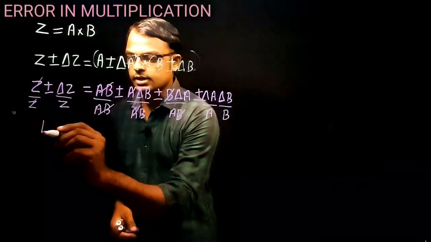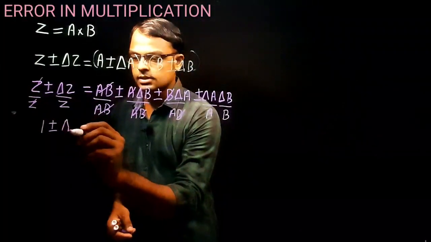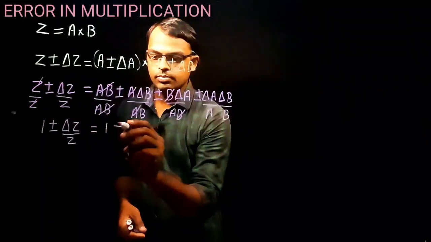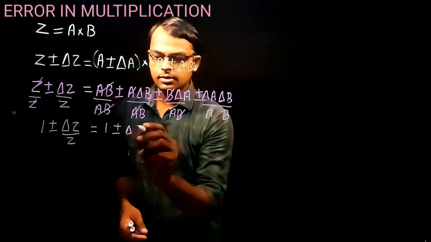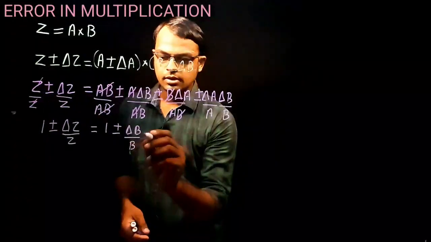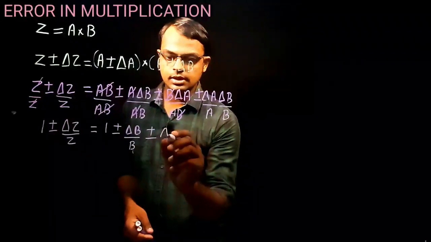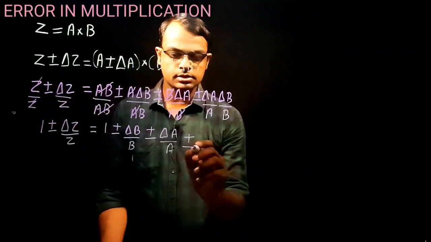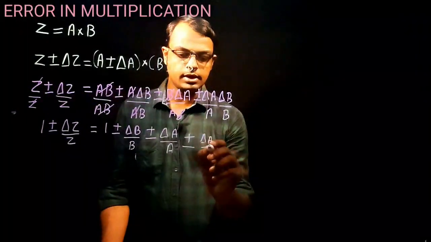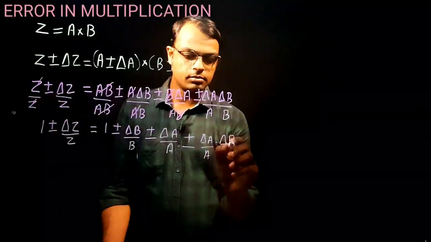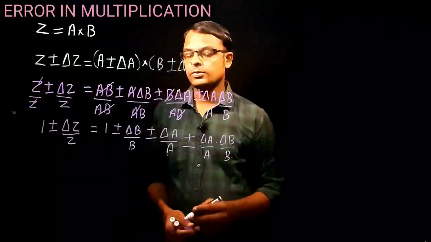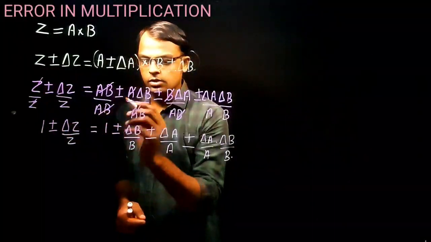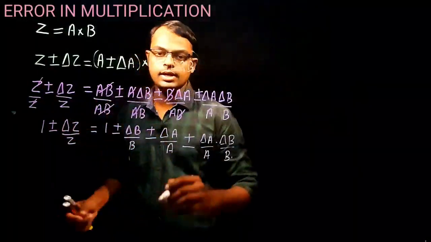So I can write this equation as 1 plus or minus delta Z by Z is equal to 1 plus or minus delta B by B plus or minus delta A by A, plus or minus delta A by A into delta B by B. Now if you take this 1 to the left side, it will cancel.